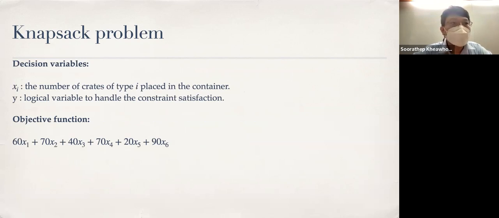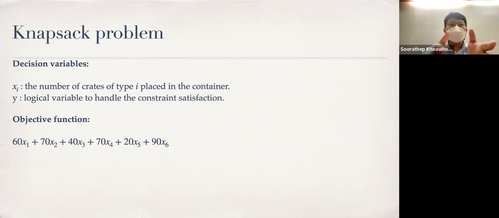So we use x. Actually x consists of x1, x2, x3, x4 to x6, since we have type 6. And x takes real, actually it should not be real, it should be integer.